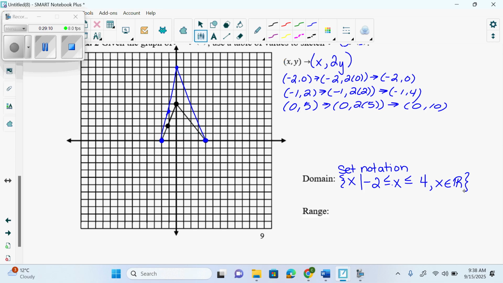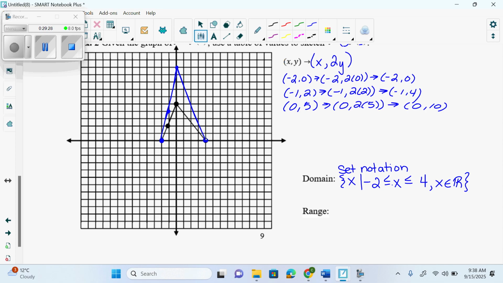So do you see how these coordinates are connected? I start with my line, I draw the line, I keep going until I hit this closed dot. That's why. So you state the most important part: negative 2 to 4 is where I'm going to find my x's. And then I have to follow behind with what those x's can be.